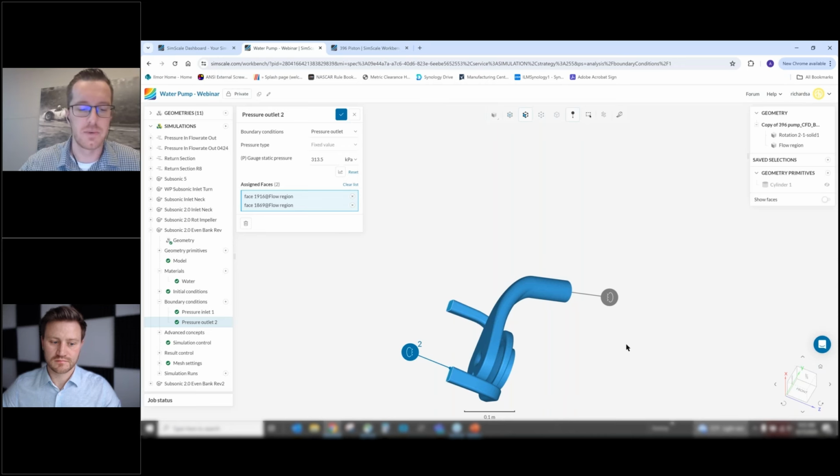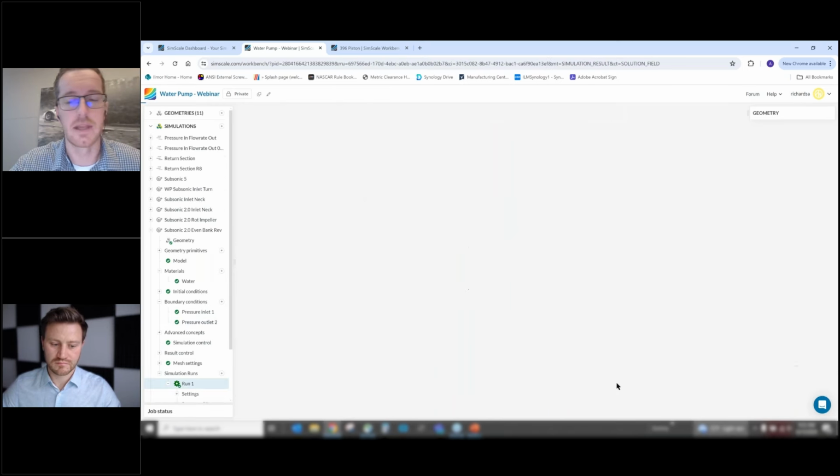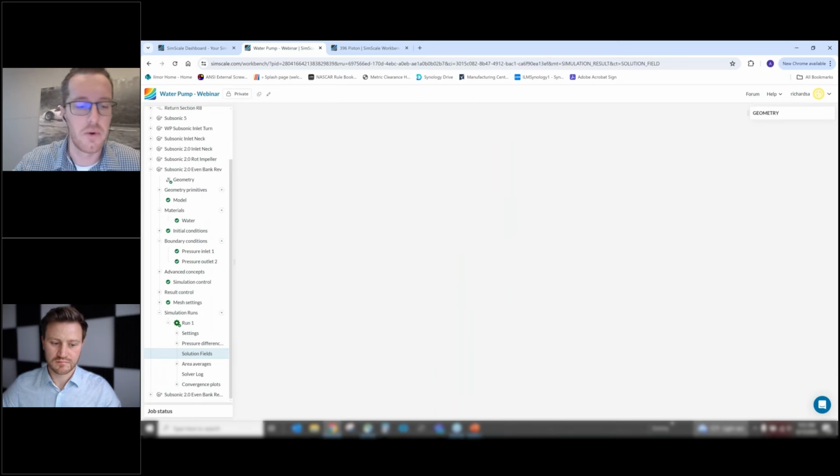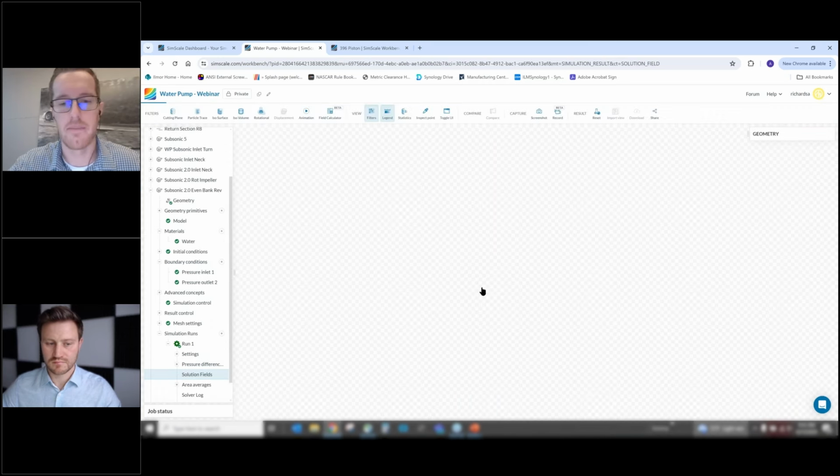And that flow rate is really what we're looking to understand, as opposed to an incompressible setup where you are effectively defining the flow rate. What's more, with the rotating zone, SimScale can also do a power calculation and evaluate the power consumption of this pump. So there are a lot of very useful tools here that we can take beyond just optimizing geometry for the purposes of flow, specifically in that bend.